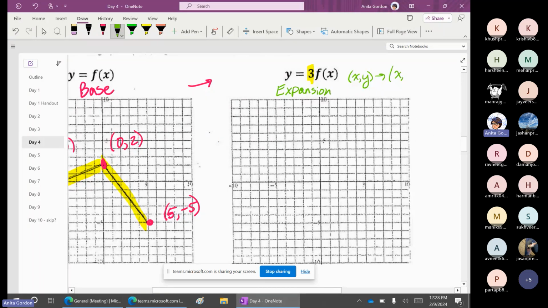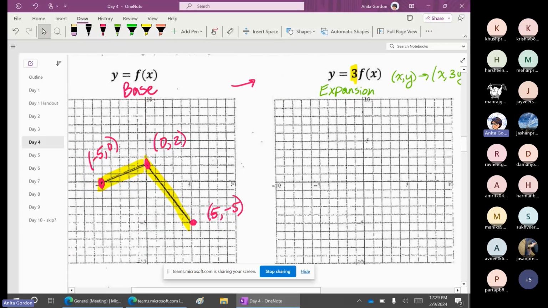X, 3y. So I'm taking my y coordinates and multiplying by 3, and I don't touch the x ones. So what does that look like? If I have -5, 0, where's the new coordinate? -5, 0. Because 0 times 3 is still 0. We do not touch the x coordinate.